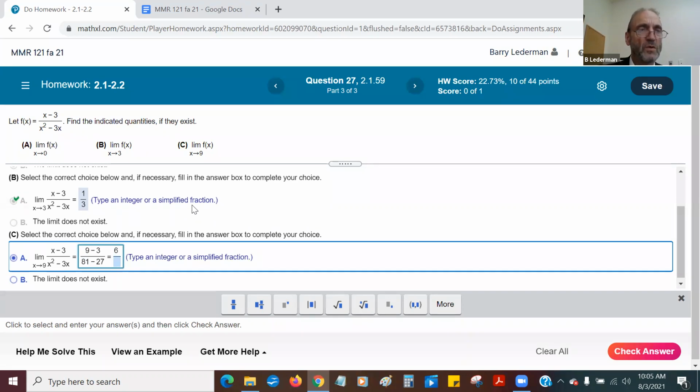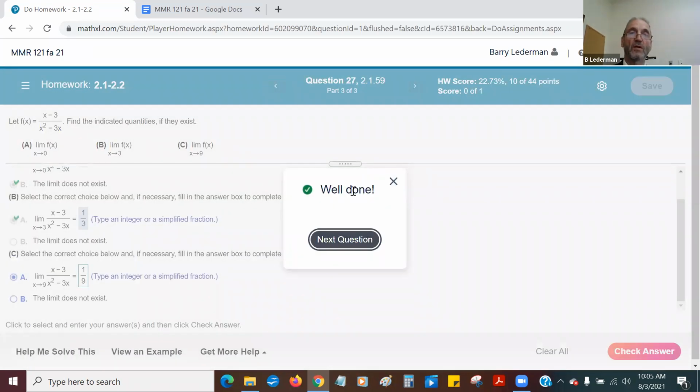And 81 minus 27, what is that? I think it's 54. Which is really just 1/9. Now, I'm doing this in my head, so I'm not sure if it's going to be right, but let's see if I still can do this stuff in my head. Perfect. Oh wow, my brain still functions. How do you like that?